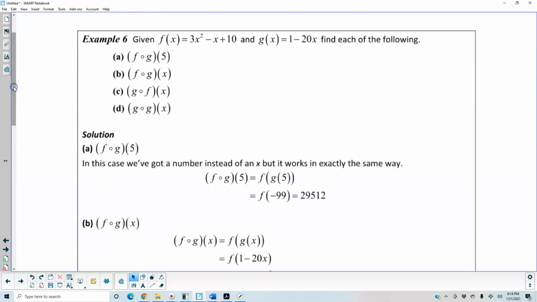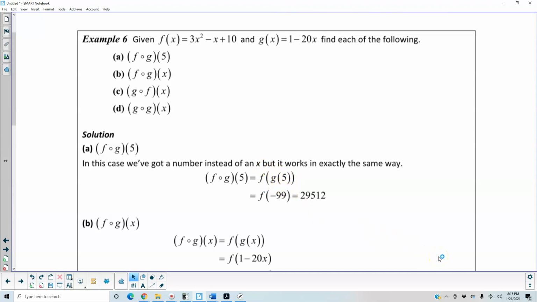So for the first one, f composite g of 5, we're going to first write the definition. In this case, we've got a number instead of an x as an input, but it works in exactly the same way. So f composite g of 5 is equal to f of g of 5.